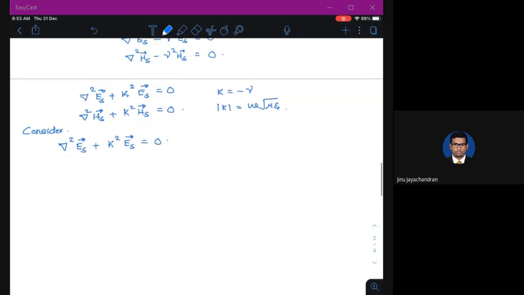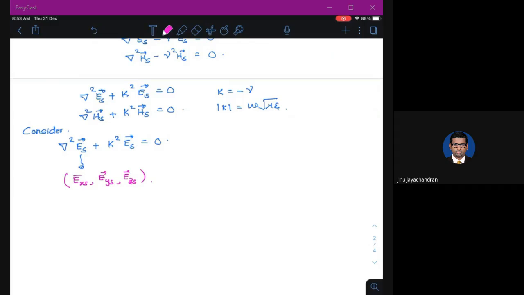Now you see that Es has components like Exs, Eys, Ezs. When you do del square of these components, basically you will have three equations from this single equation.